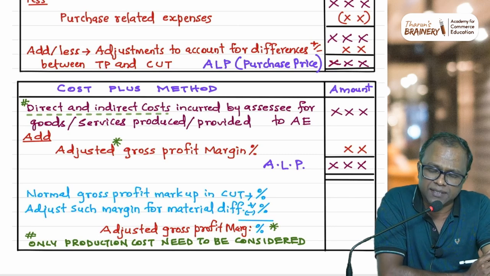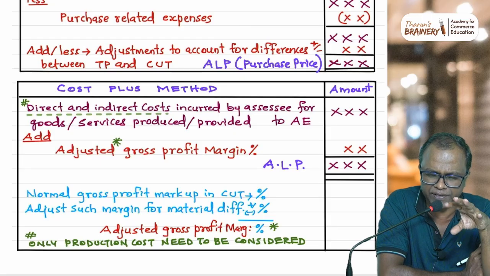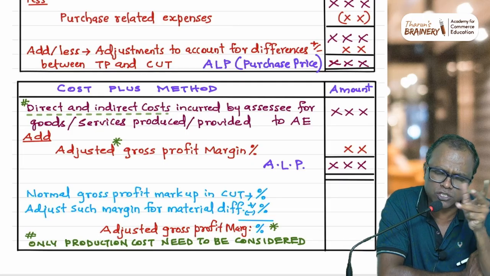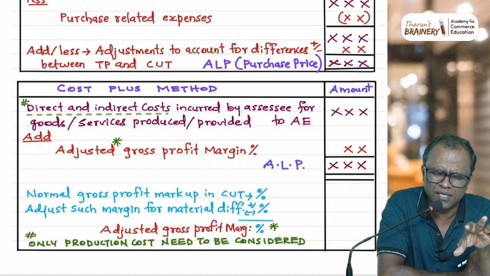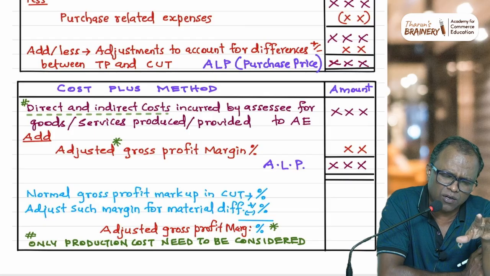So the idea behind this method is that the manipulation happens at the time of loading profit and fixing the price. There is no manipulation in the actual cost of production or the actual cost of providing a service to the AE, because our cost of production and the books and everything is audited. So for cost details, we cannot make any manipulation.